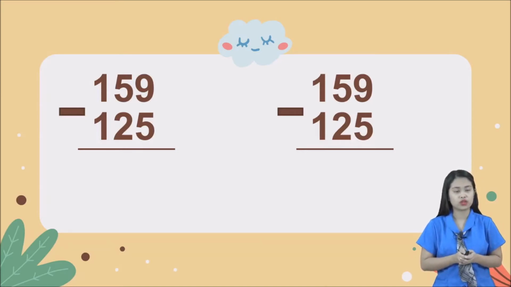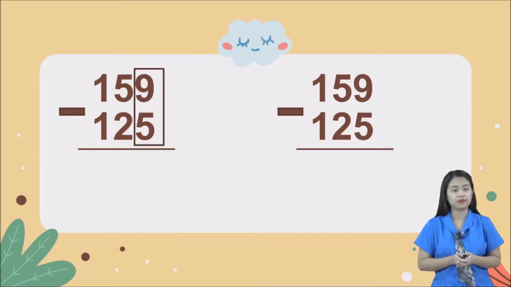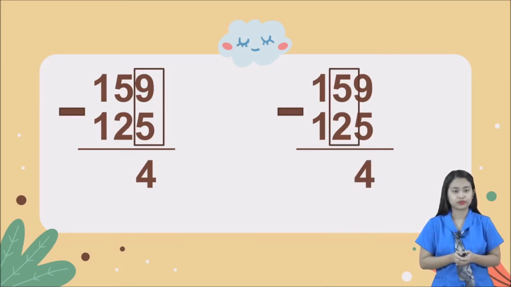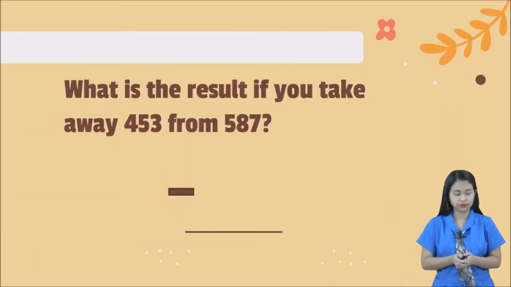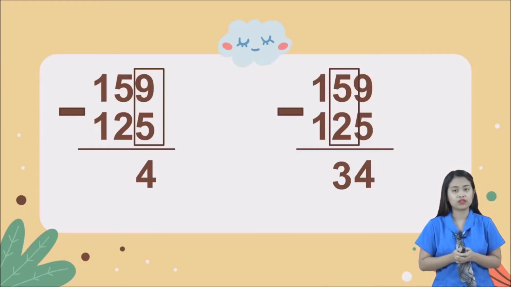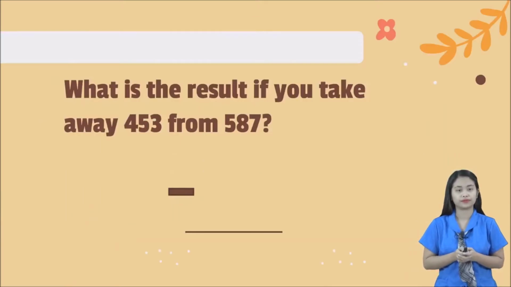It is 9 minus 5 is equal to 4. Next, we have 5 minus 2, we have 3. Very good. But in 1 minus 1, we only have 0. So the answer is 34. 159 minus 125 is equal to 34.